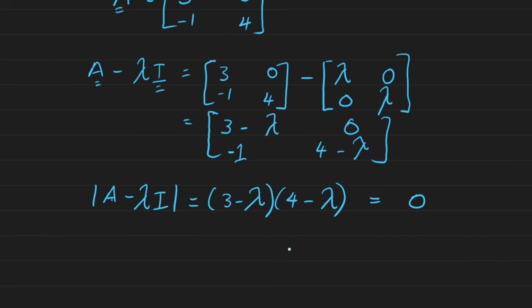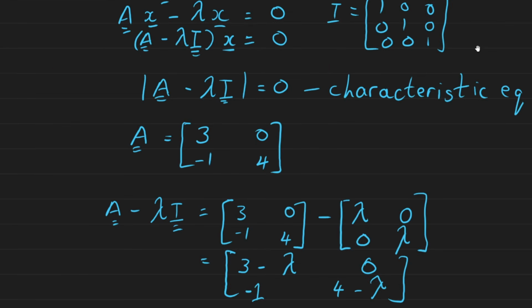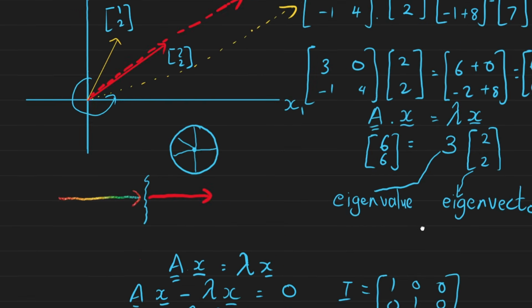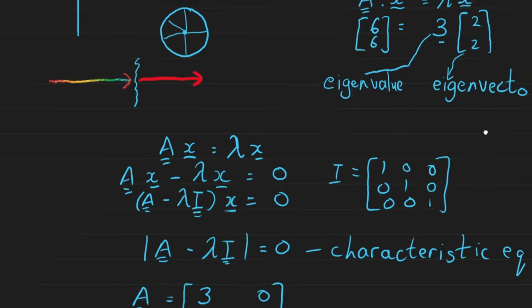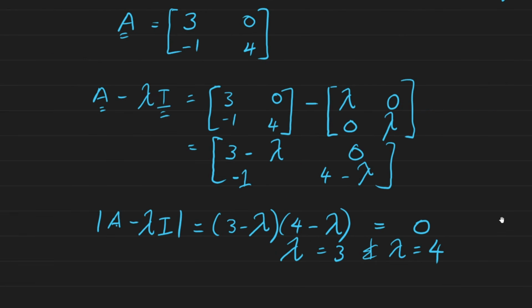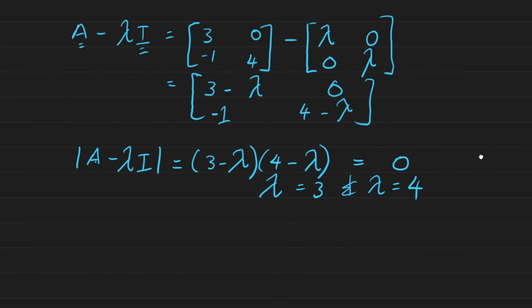So we just solve this, and we can see that lambda is equal to 3, and lambda is equal to 4. This correlates with what we had seen earlier in our example, where we had 2, 2, and we multiplied it by 3 to get 6, 6, which is what the transformed vector actually was. So 3 is the eigenvalue, and we have now shown algebraically how it's equal to 3.